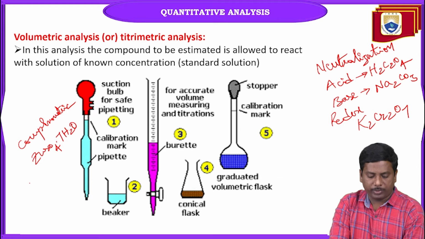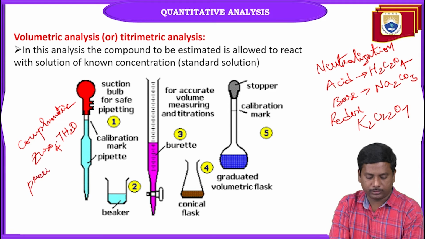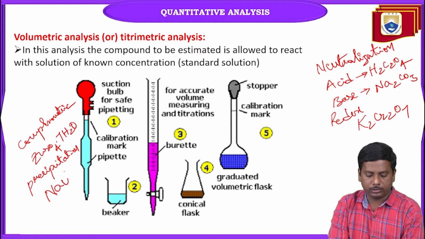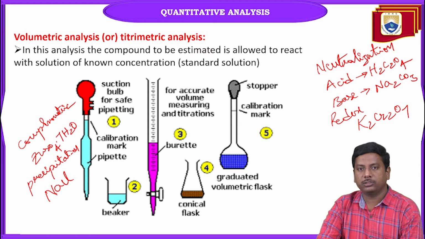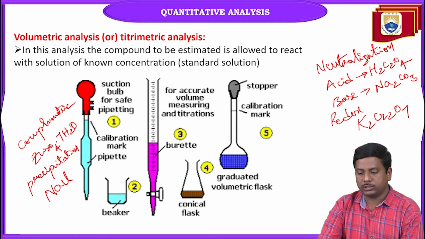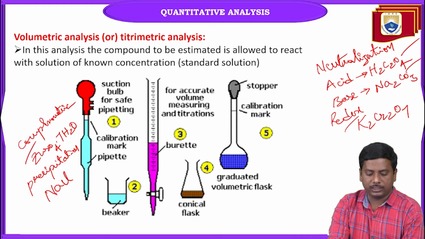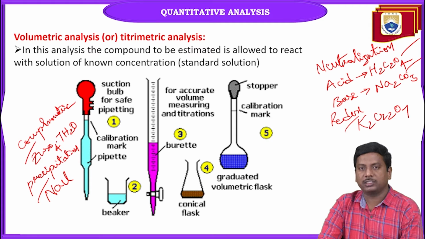And in the case of precipitation reactions, sodium chloride is used as a primary standard solution. So all of these solutions, for example oxalic acid, sodium carbonate, potassium dichromate, zinc sulfate heptahydrate, or sodium chloride, come under the category of standard solutions. Standard solution means known concentration solution, and these also come under the category of primary standard solutions.